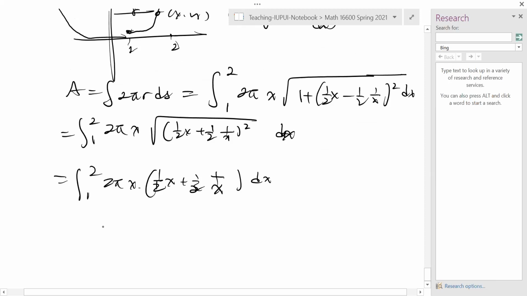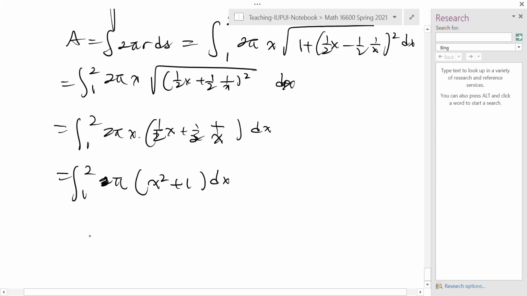Then you simplify it, multiply this out. I get, I think 1/2 is gone, 2 is gone. So you get x squared plus 1. Okay, then the antiderivative is 1/3 x cubed plus x, evaluated at the endpoints.